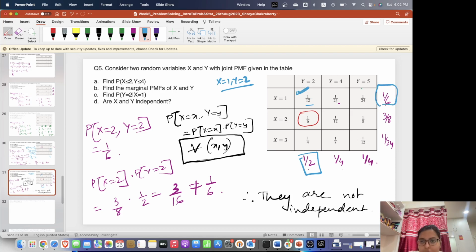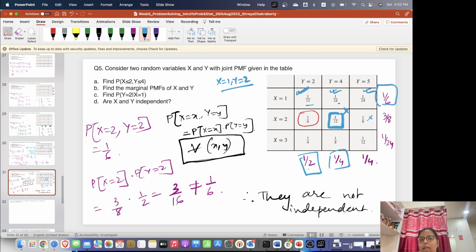Here also 1 by 6 into 1 by 4, 1/24. This is passing. This one also is okay. But here I am seeing it's not okay. Similarly for this one also, 3 by 8 into 1 by 4, this will also not pass. I just stopped here because I need only one contradiction to say that it is not independent.